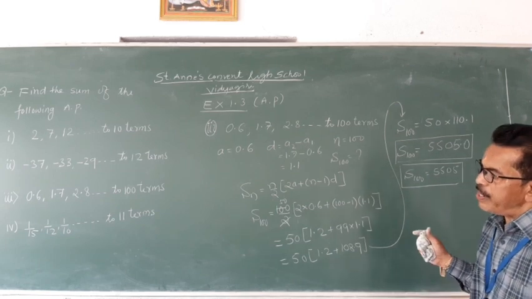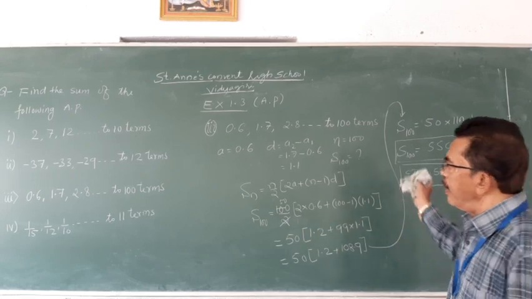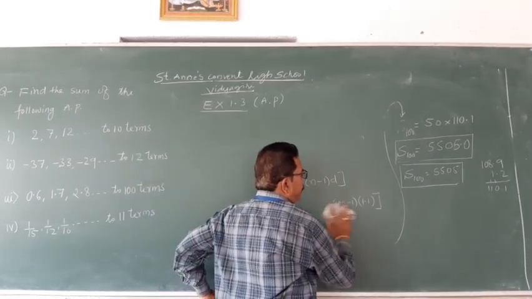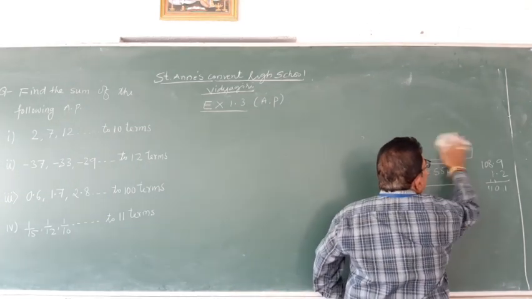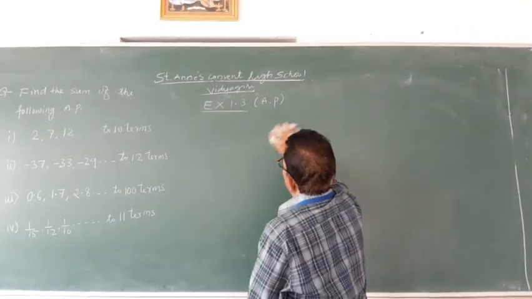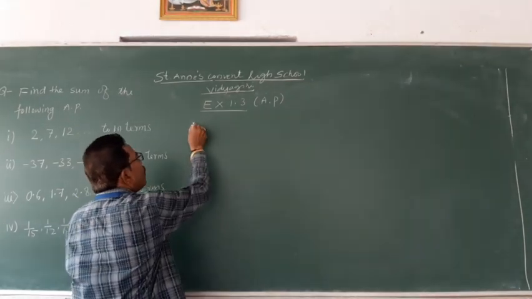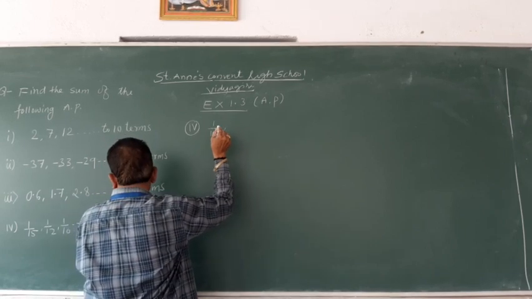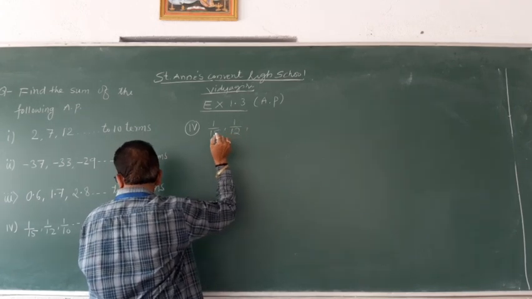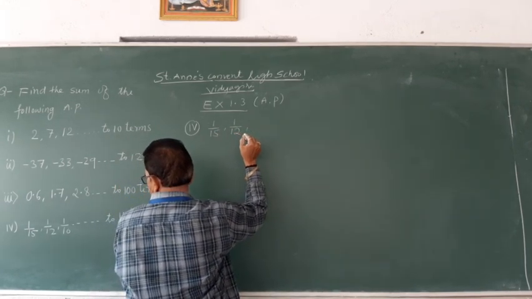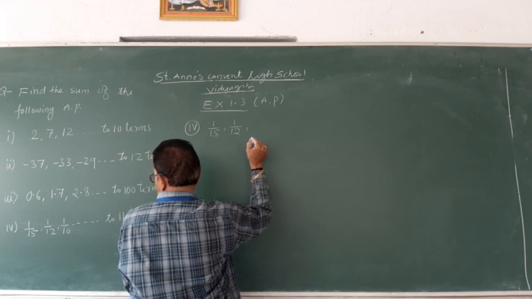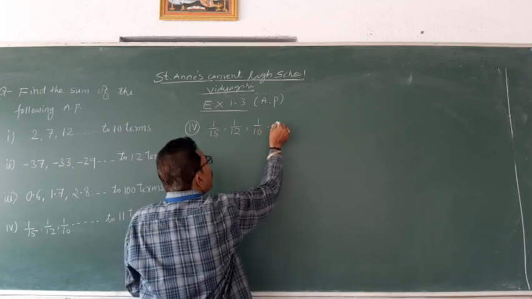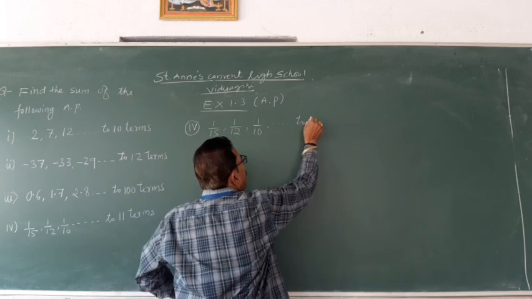Exercise 1.3, first main, fourth one. 1 by 15, 1 by 12, 1 by 10, up to 11 terms.